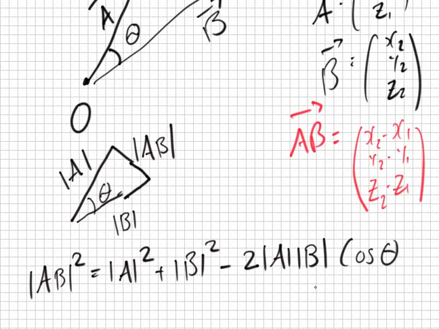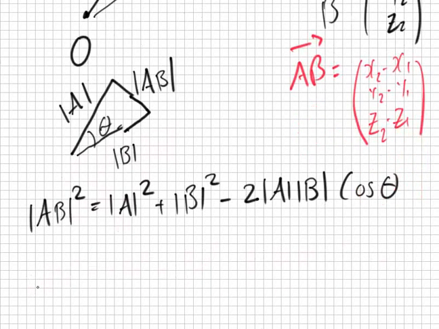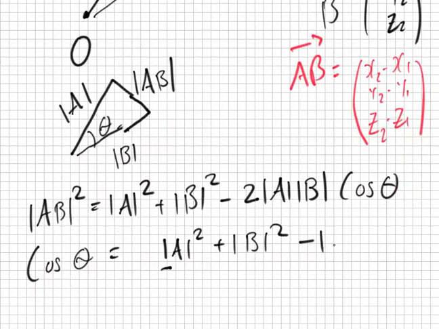And we are looking for a formula for the cos theta. So a little bit of rearranging gives me cos theta will equal that one squared plus that one squared, minus that one squared, all over 2. I've done a couple of things in my head here.